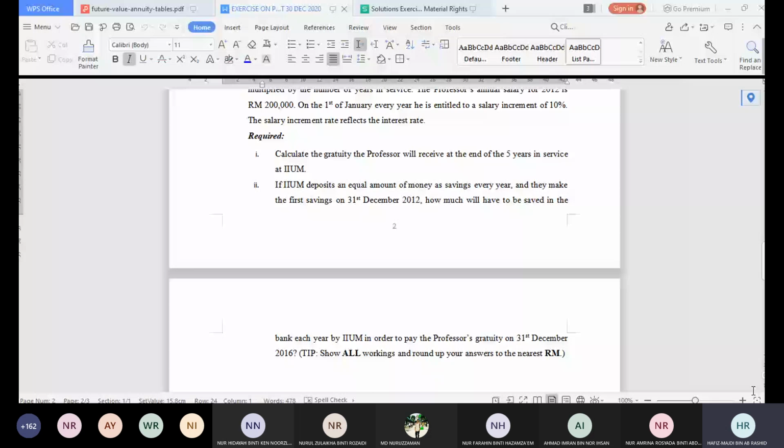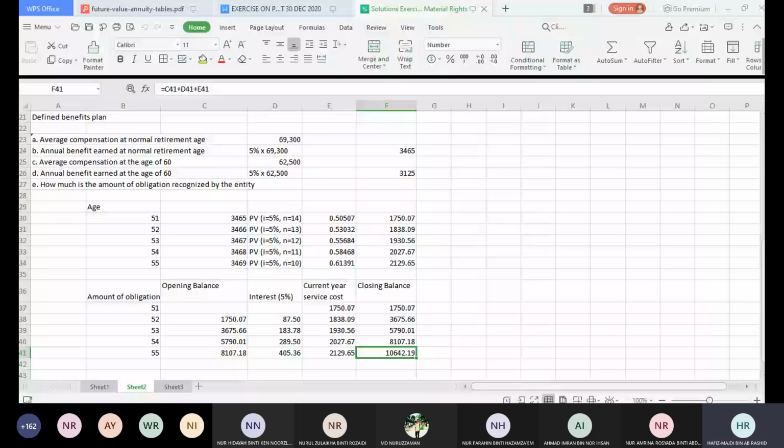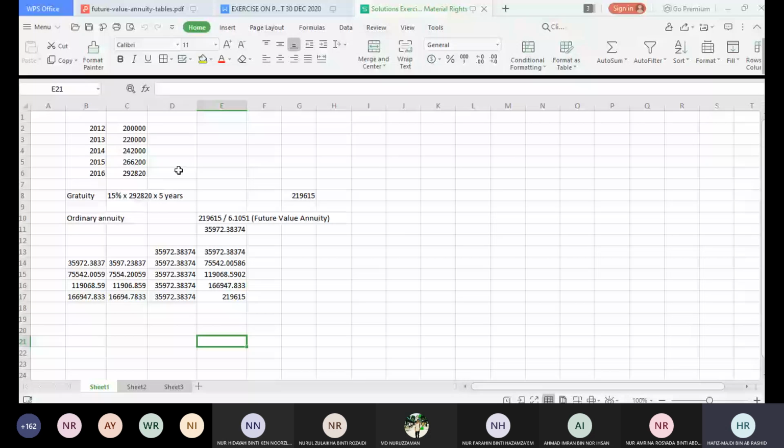So let's look into the answer. The first part is to calculate the annual salary of the professor. It started with 200,000 and increased 10% every year. Increasing 10% in the second year, you get 220,000.